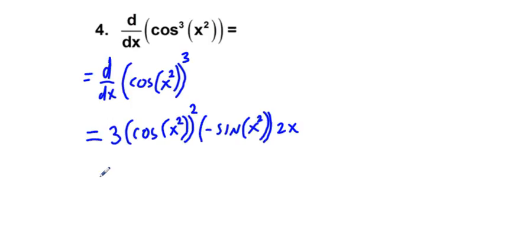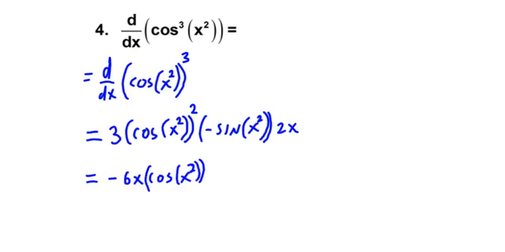And so multiplying out everything we have accumulated here, we have 3 times 2x times this negative here. So we're going to have negative 6x out front, and then we're going to have cosine x squared, and then we are squaring that.